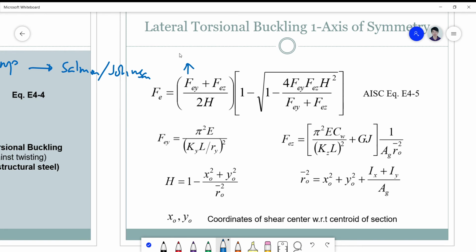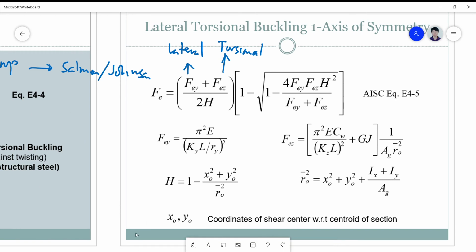Okay, so this is now your flexural buckling, and this is your torsional buckling. So this has something to do with your lateral, and this is something to do with rotational or torsional. Okay, so this is like flexure and torsion. So FEZ will capture the formula of the pure torsion here.